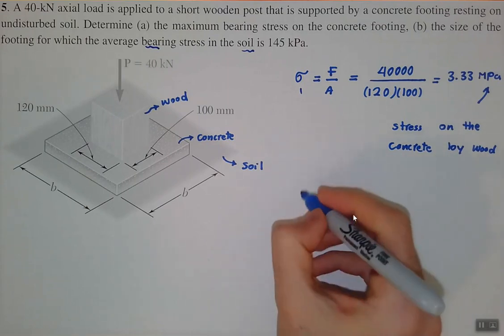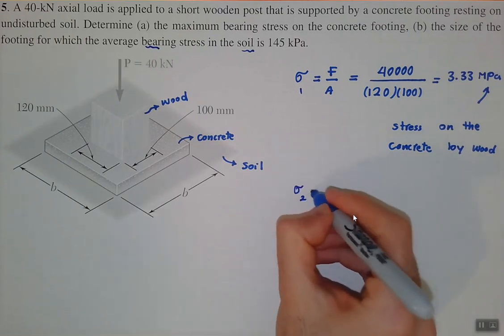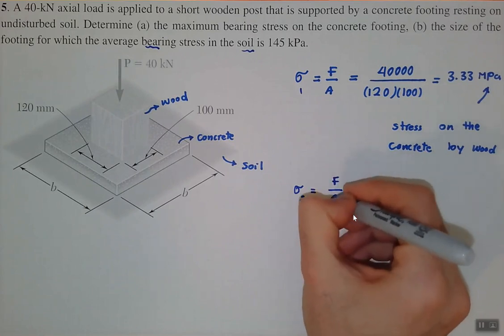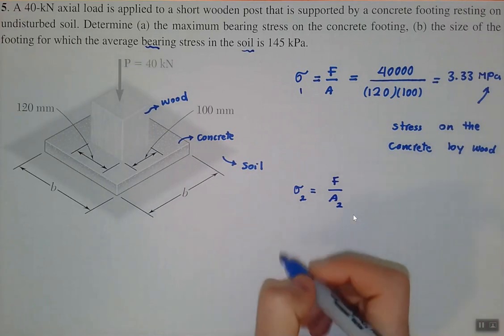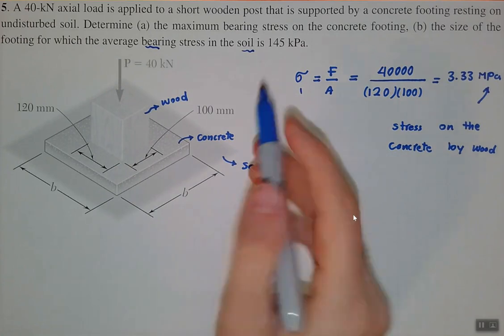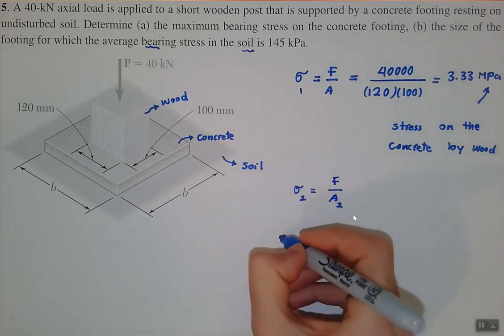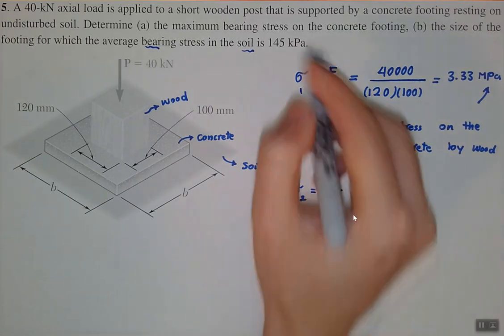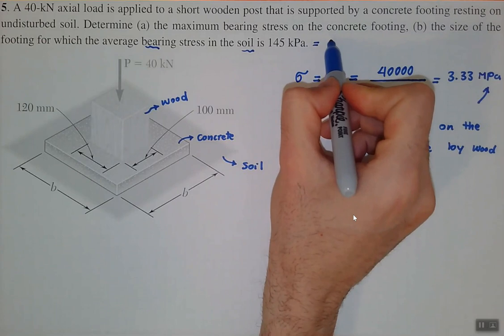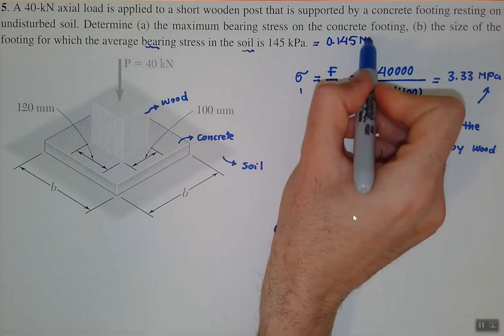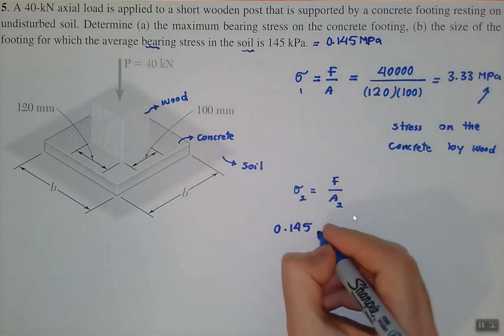So let's call it sigma 2, which is again F divided by A2 of course. So we want the stress to be, let's keep the units in megapascal, 145 kilopascal, which is equal to 0.145 megapascal. So that's the stress.